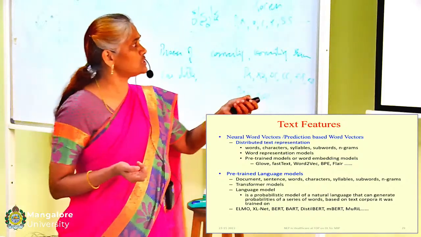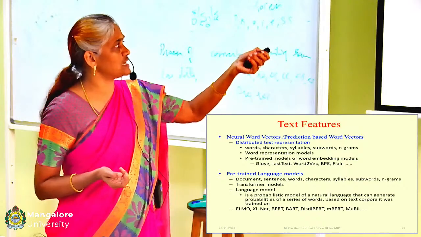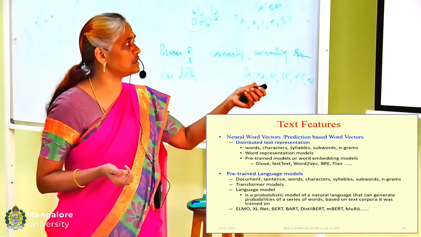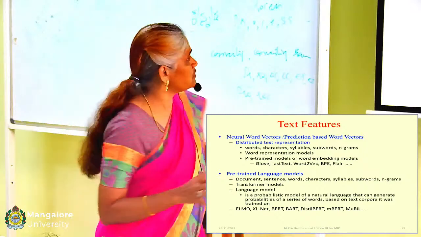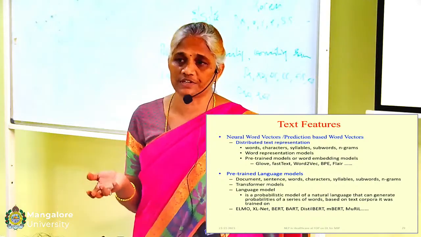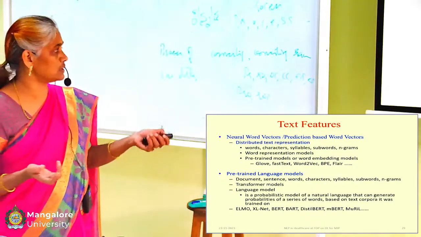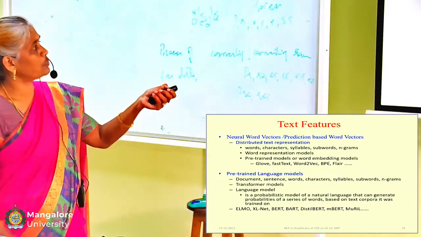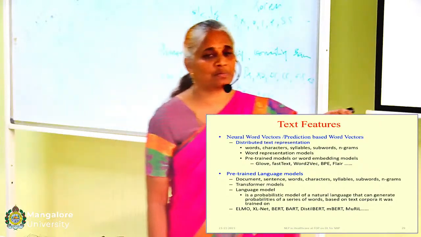For pre-trained models, for word representation, you cannot use sentences or documents. Pre-trained language models can be used as features. Some of the pre-trained models also offer text processing tools like classification, summarization, tokenization, and many other things. For pre-trained models, we have GloVe, fastText, word2vec, BPE (byte pair embedding), FLAIR.